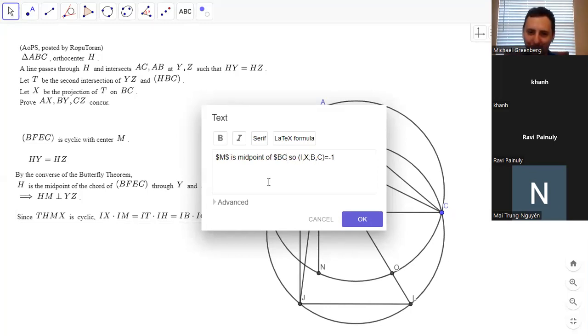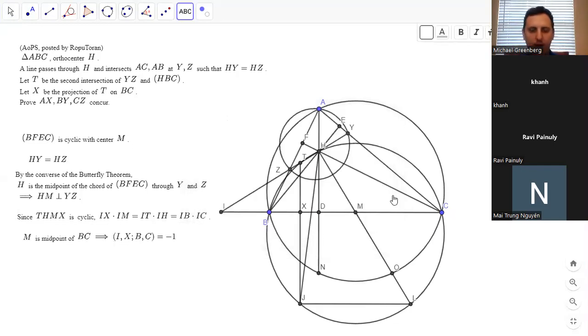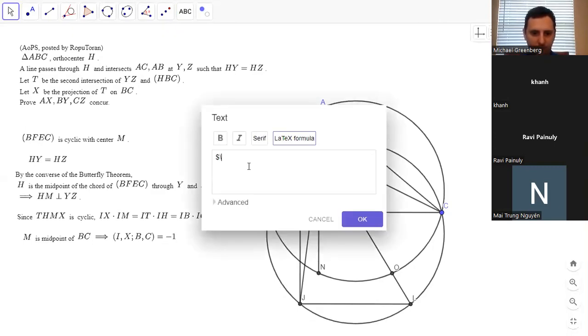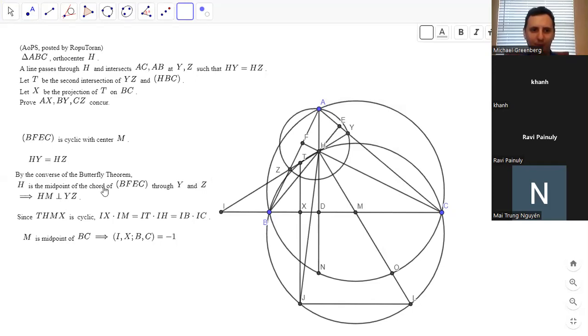Yeah, I like it when we have more than one solution. It's cool. So then we have this, and basically that means AX, BY, and CZ concur. So we had two solutions to prove this part, and then we had two solutions to prove this part.